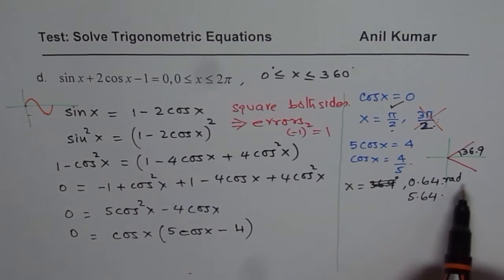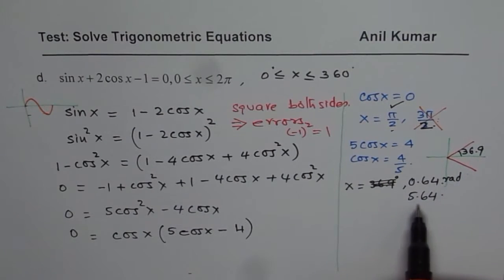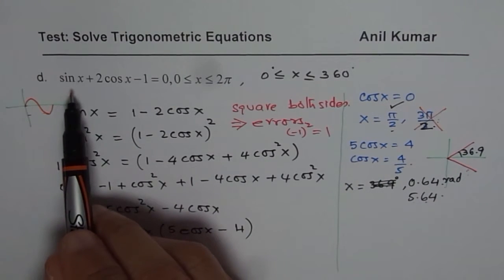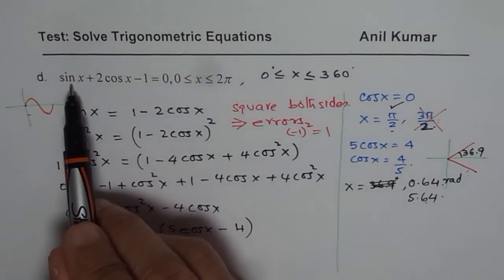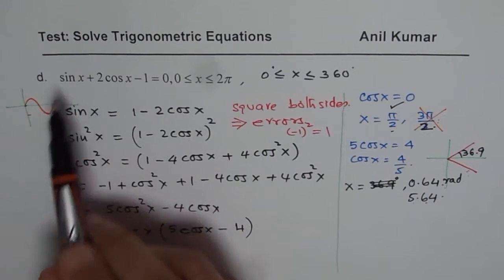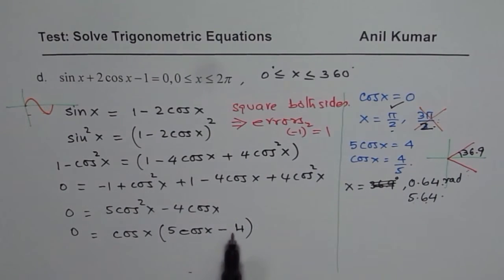Now similarly, in quadrant 4, if I substitute 5.64, sine will not give me the positive value of 4 over 5 that we need, but it will give me negative. Let us calculate this.